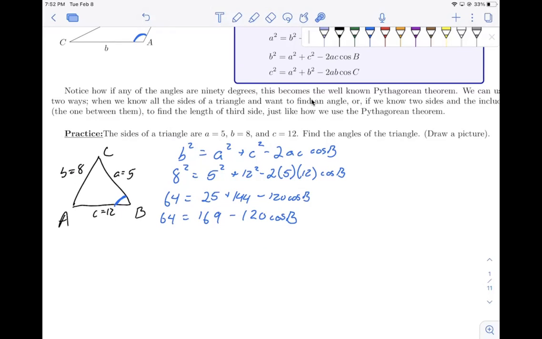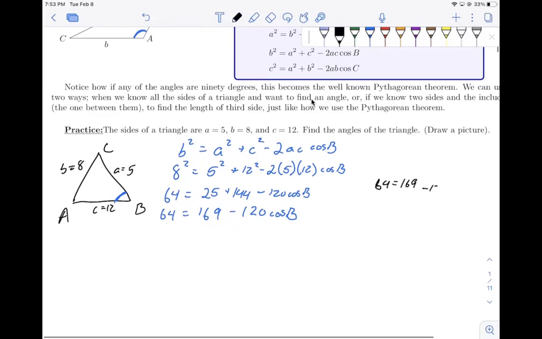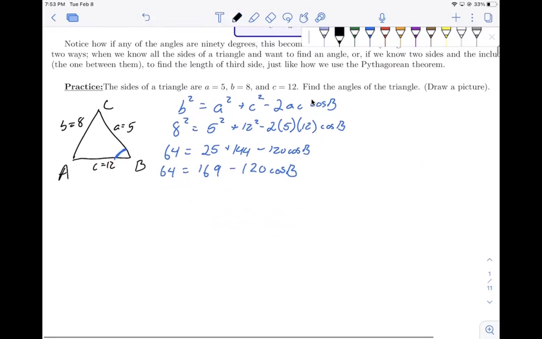What students like to do for some reason is when they see that this number minus some number times cosine B, they'll sometimes try to do the subtraction right here, which never totally made sense to me, because if I gave you something like 64 equals 169 minus 120x, you would never try to do 169 minus 120 over here, because they're not like terms. Cosine B here, if I don't know what the angle is, it's just like an x. It's some unknown thing. So I can't combine that with anything unless it also has a cosine B.